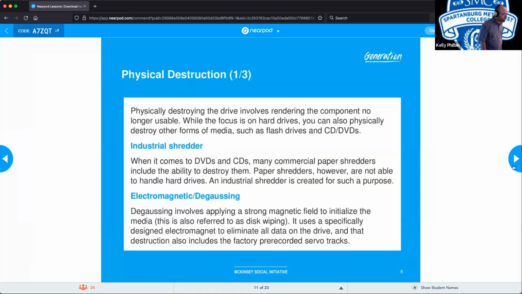On to physical destruction. So physical destruction essentially involves rendering the component no longer usable. While the focus is on hard drives, you can also physically destroy other forms of media, such as flash drives, CDs, DVDs, Blu-rays, all kinds of fun stuff like that too.